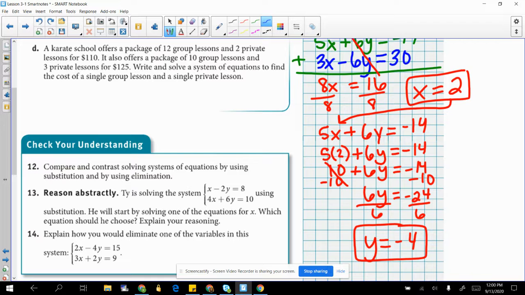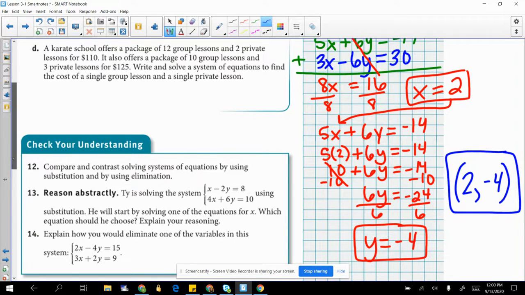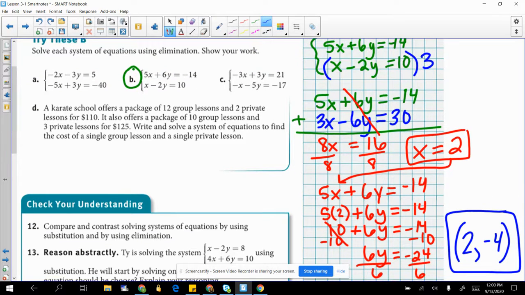Alrighty, so I know that my ordered pair would look like x, y, so 2 comma negative 4. But let's go back and just check our work really quickly. So I'm going to plug that 2, negative 4 into the second equation. So 2 goes in for x, and negative 4 goes in for y.